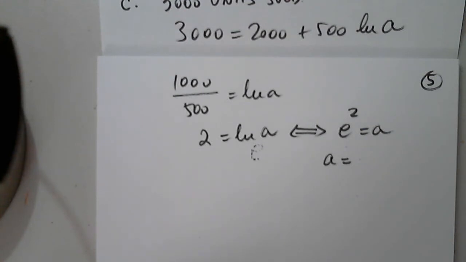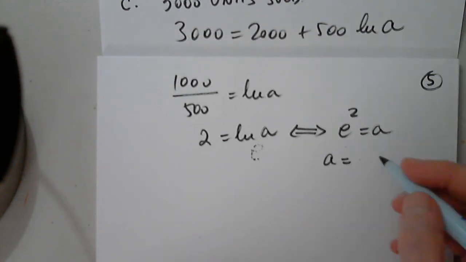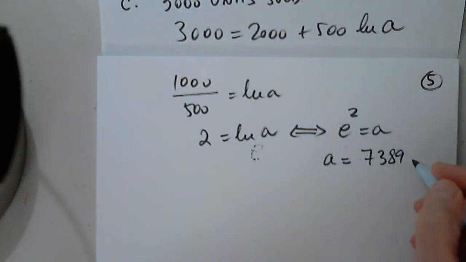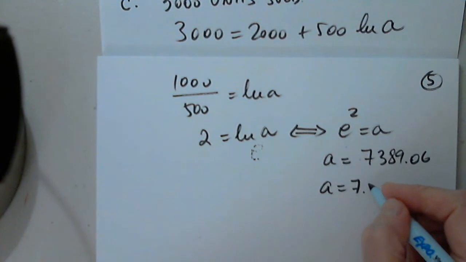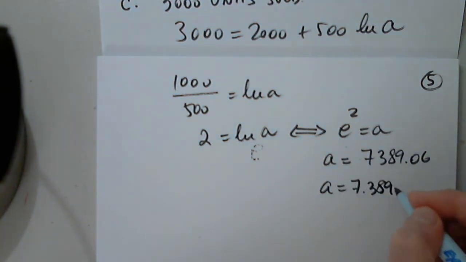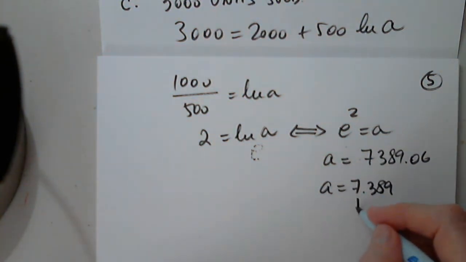So we have here e squared. So that is 7,389.06 thousands. I mean, it's 7,000. So maybe I should write it first as 7.389 thousands.